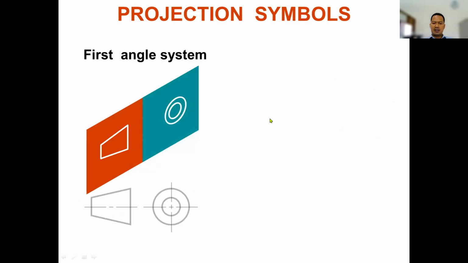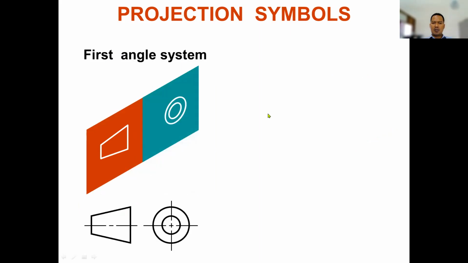And then about the projection symbols, this is for the first angle system. We put the object in here, and then the projection on the wall, and then we open it, and we can see the symbol here.